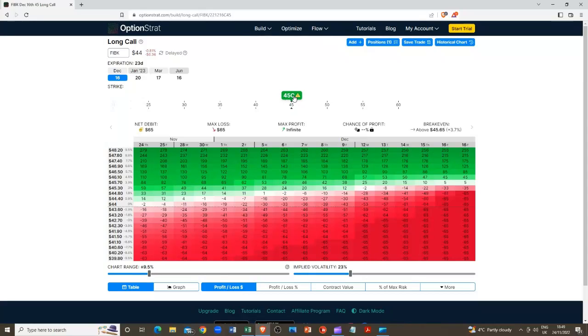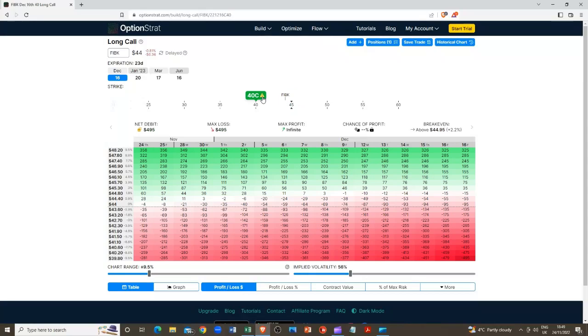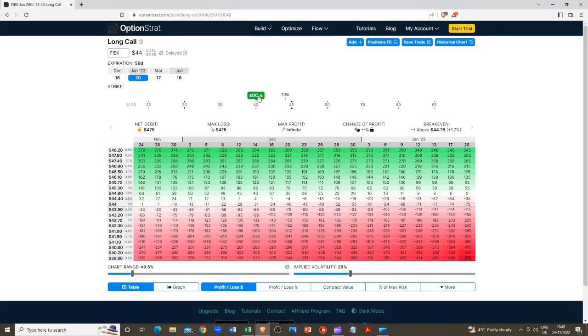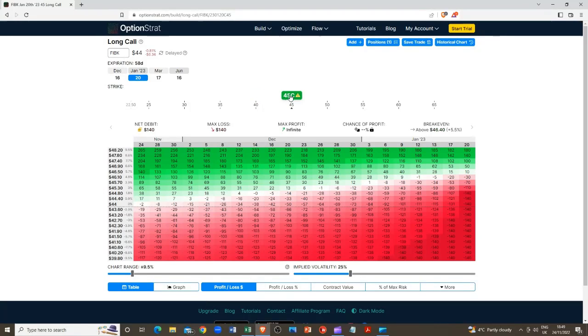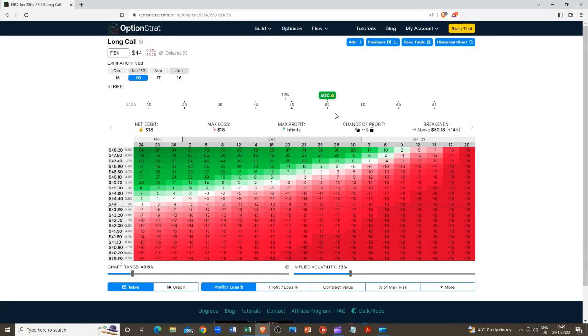You could also visualize what would happen if you reduce your strike price. In this case, your net debit would go up, or if you increase your strike price, in this case, your net debit would reduce.